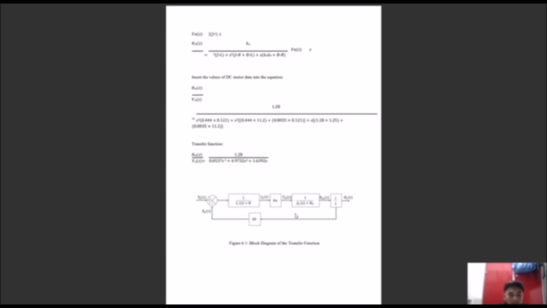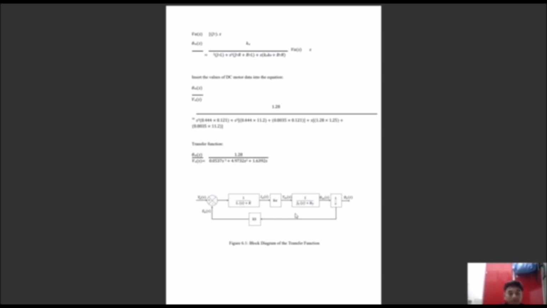So after we calculate the equation, we get theta ms over VAS is 1.28 over 0.0537 s to the power of 3 plus 4.9732 s to the power of 2 plus 1.6392 s.